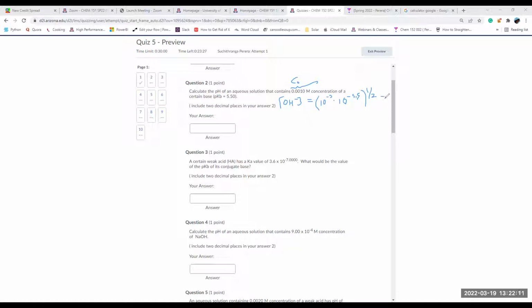If you do this, this is 10 to the power of minus 8.5, divided by 2, which is 10 to the power of minus 4.25. So that's the OH minus concentration. Then we can calculate pOH from that, which is the minus log of the OH minus concentration.